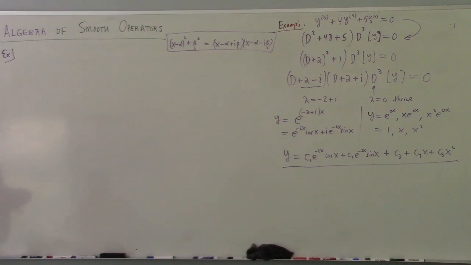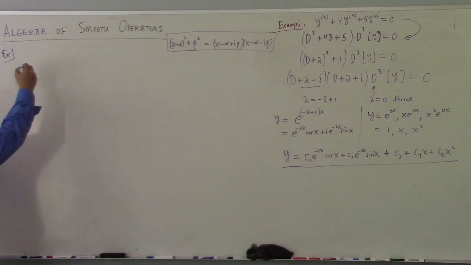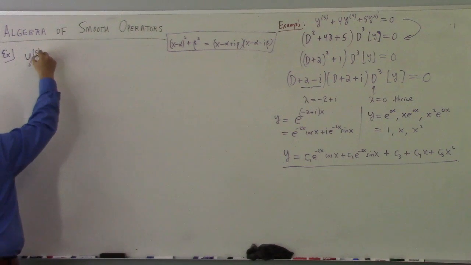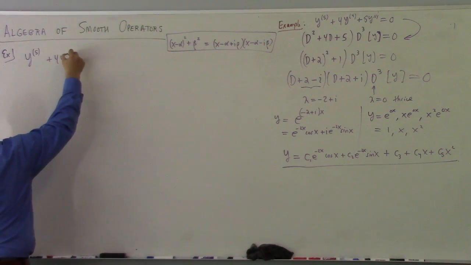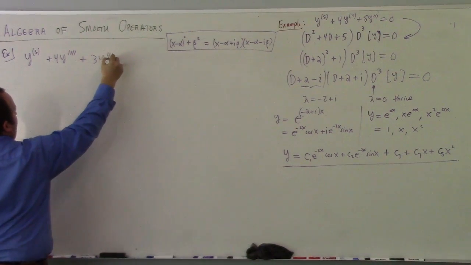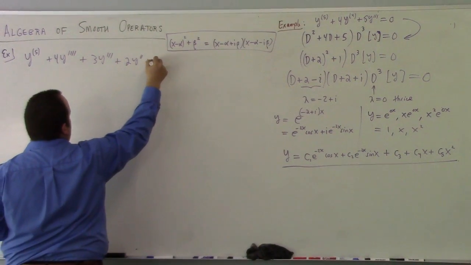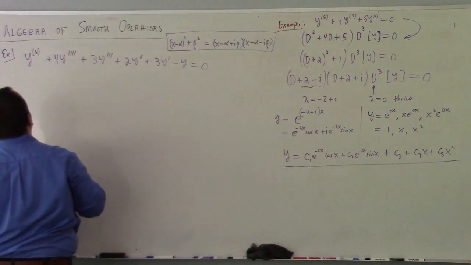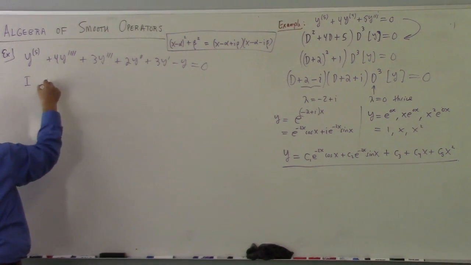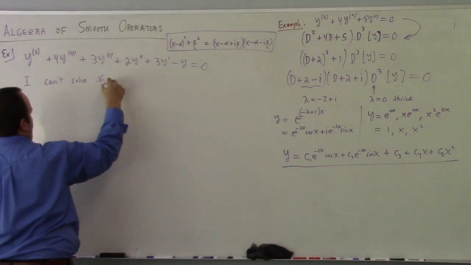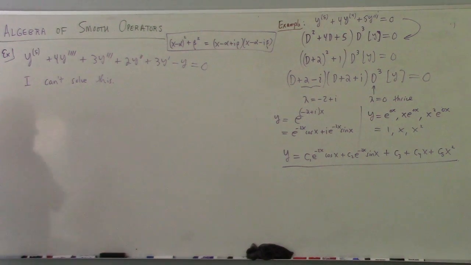I mean, what's the rub? If I write down y to the fifth derivative, plus 4y prime prime prime prime plus 3y prime prime prime plus 2y prime prime plus 3y prime minus y equals 0, I can't solve this. Why?